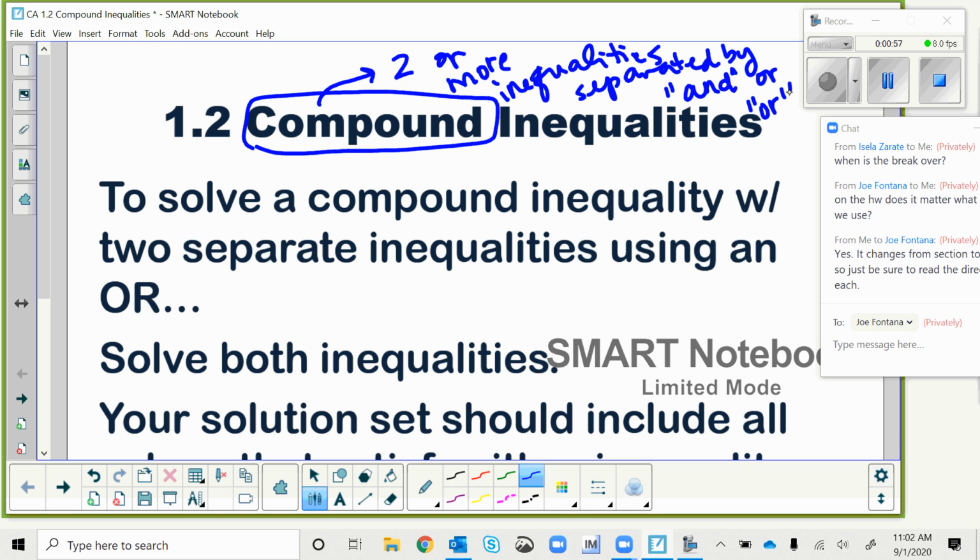That's a compound inequality: two or more inequalities separated by "and" or "or."